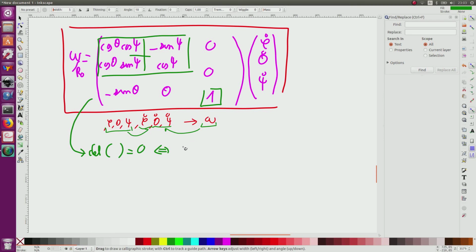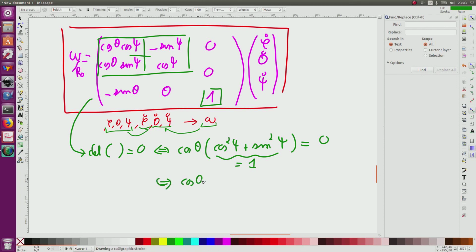It means that cos theta times cos square psi plus sine square psi equals 0. This is equal to 1, so it is equivalent to cos theta equals 0, which is equivalent to theta equal plus or minus pi divided by 2, and this corresponds to the gimbal lock.